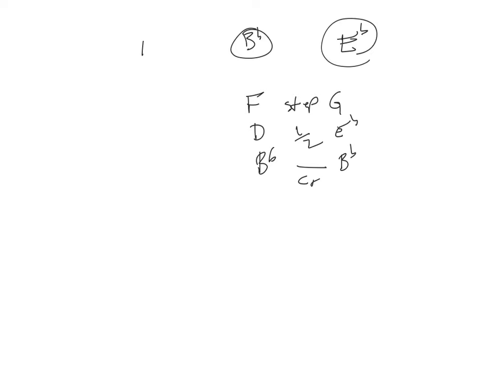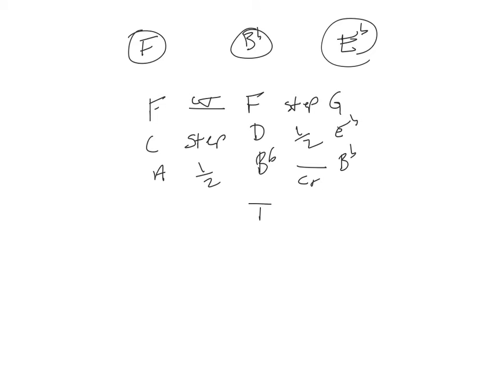Let's say we go up a fifth instead of down a fifth. Then we're looking for F, A, C, and we have a common tone of F, and we have an A and a C, and we have a half step movement, and we have a step movement.